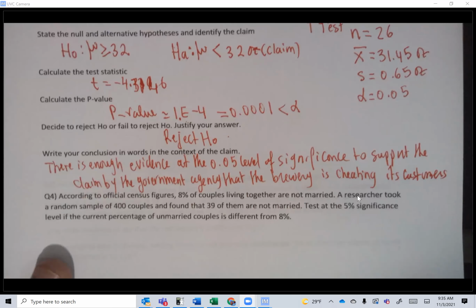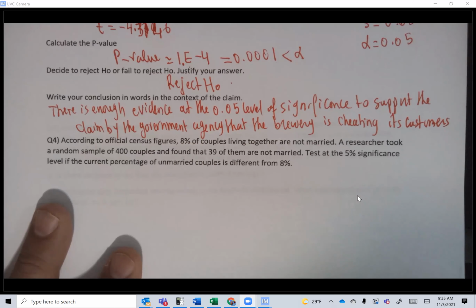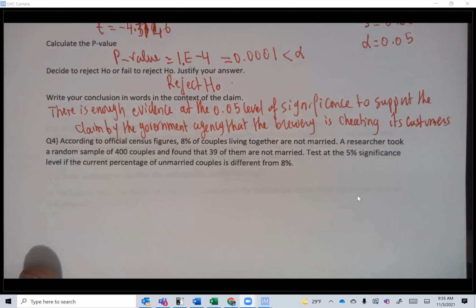Let's go to number 4. It's a proportion now. According to official census figures, 80% of couples living together are not married.